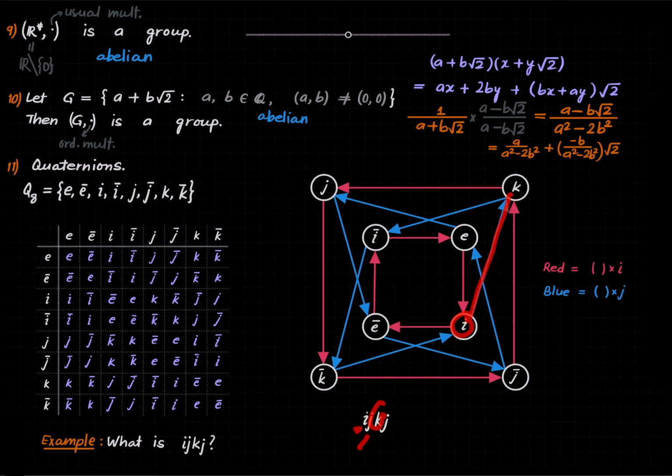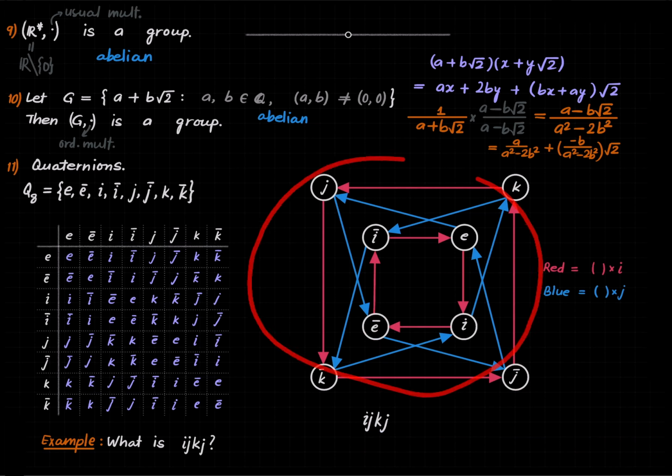Now comes a k, so that I have already understood as apply a red arrow and a blue arrow in succession. And now apply j, meaning a blue arrow, so you get j bar. So that is also another way. Any long string of symbols can be computed using this diagram just by following the arrows or by using this table. Of course, the computer is more comfortable here, the human is more comfortable here.